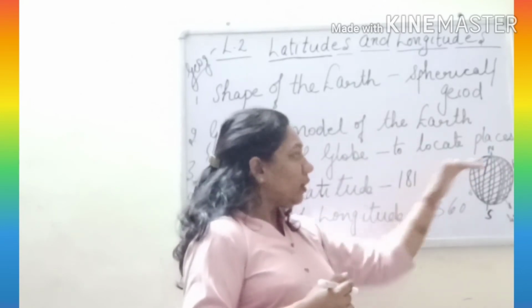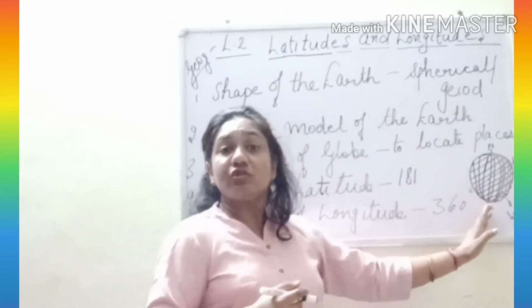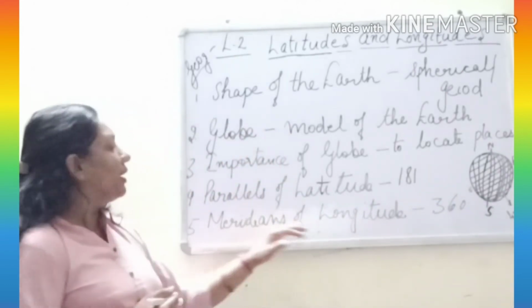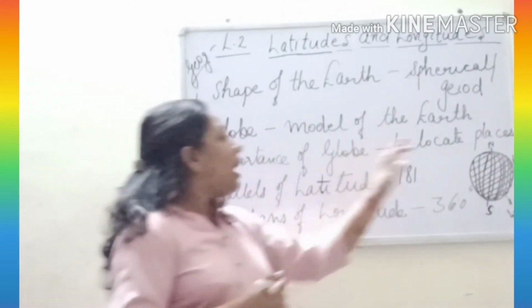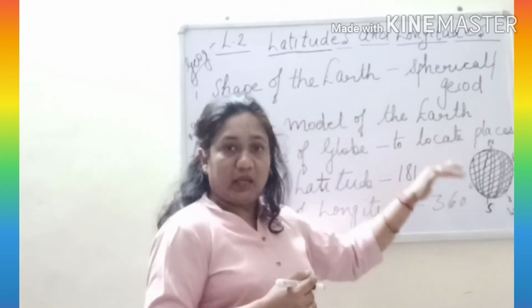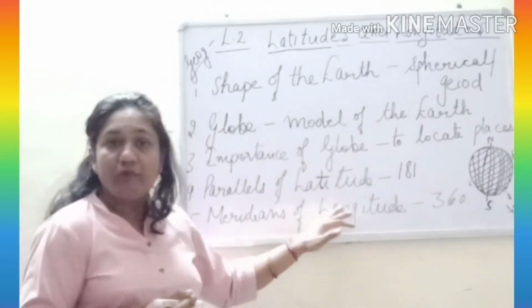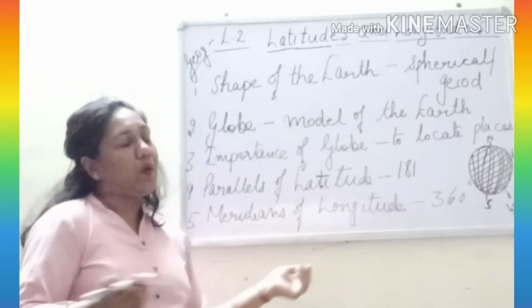The vertical lines that are running from north to south pole, these are known as meridians of longitude, and the horizontal lines which are running from east to west, these are known as parallels of latitude. This we have already learned.